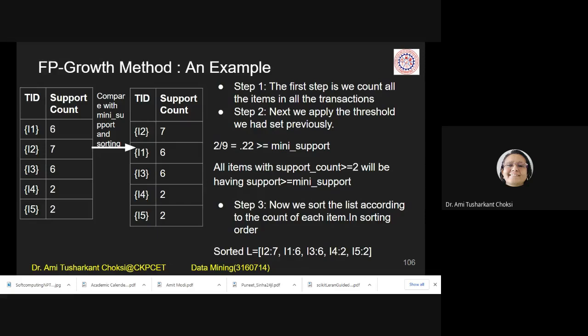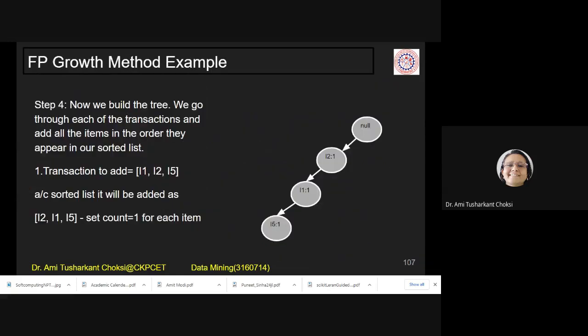This sorted L is very important because based on that only we will consider all the transactions. The sorted order is I2 7, I1 6, I3 6, I4 2, I5 2. So I2, I1, I3, I4, I5. That is the order.